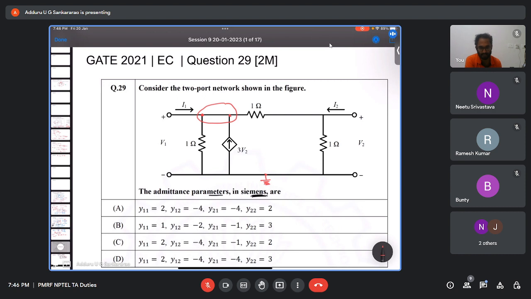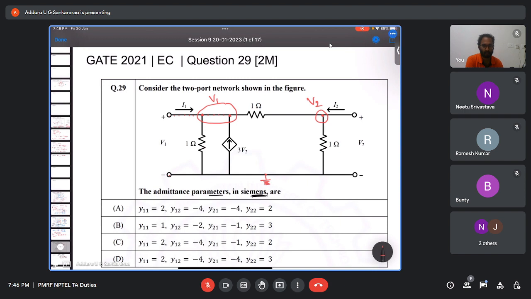Here the voltage is nothing but V1 with respect to ground. Similarly, this is V2, let us say. With respect to ground, what is the voltage of this? V2. Okay. Now you can simply apply nodal analysis to get those kinds of equations.